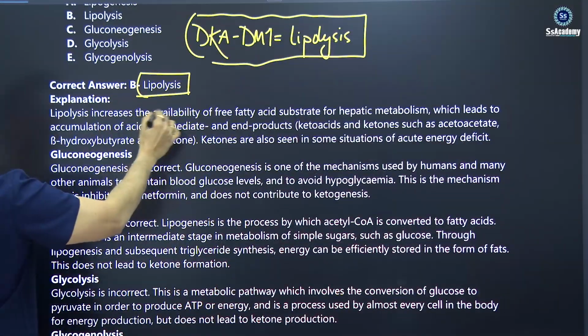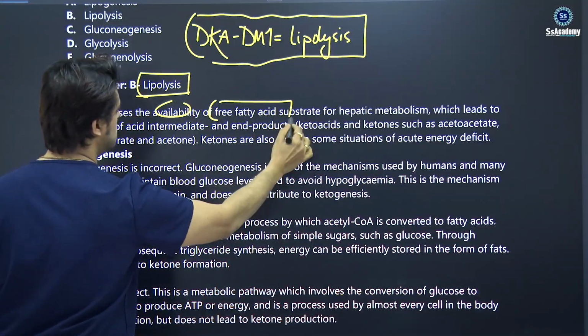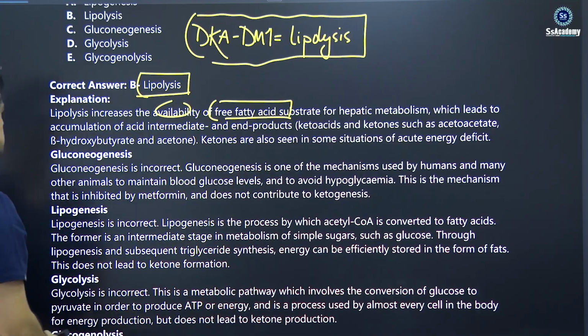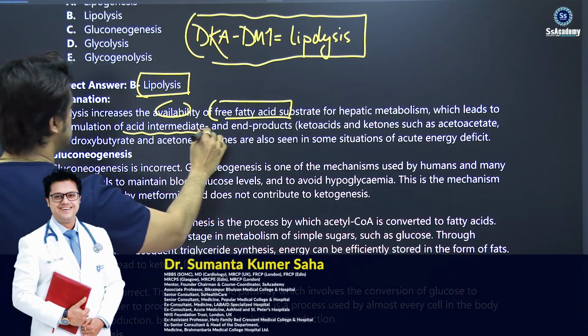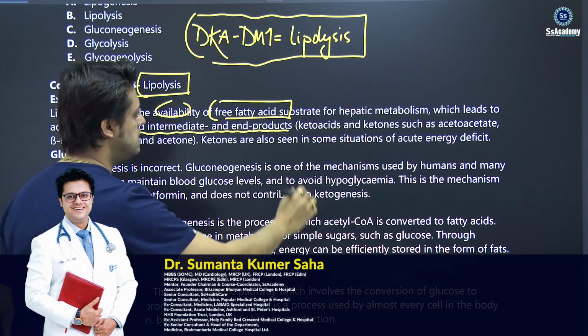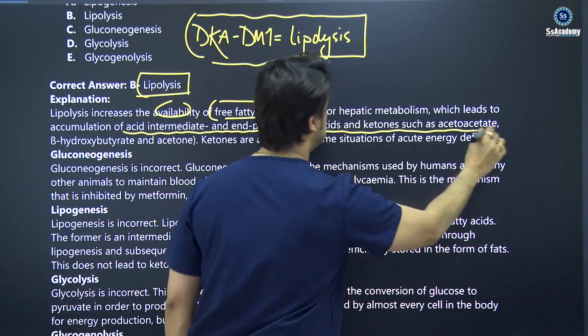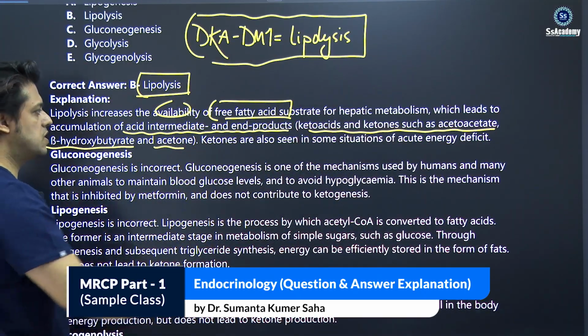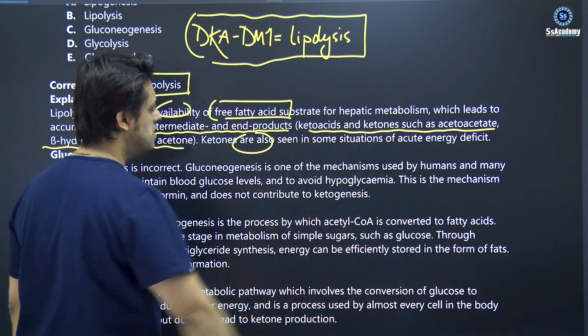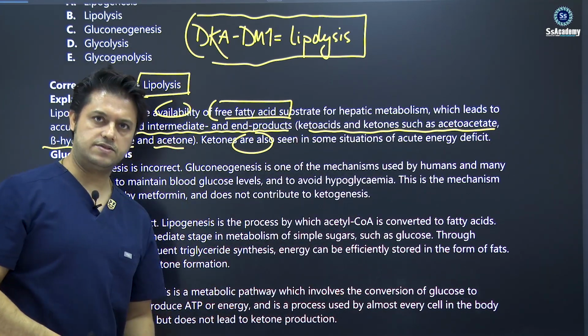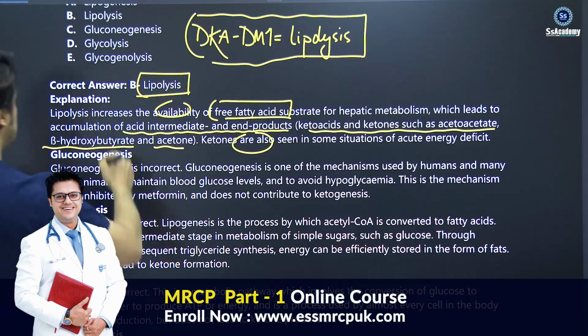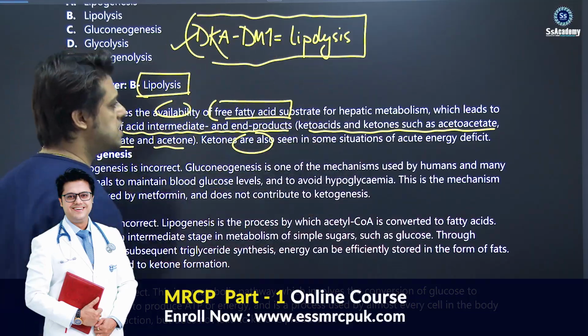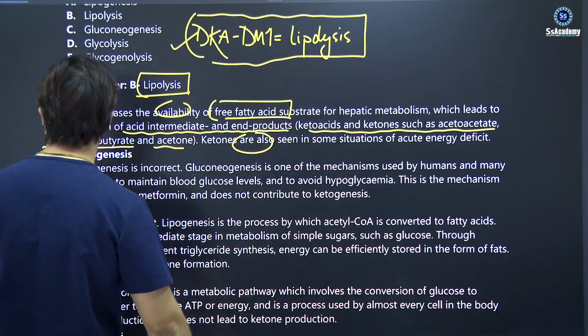Lipolysis increases the availability of free fatty acid substrate for hepatic metabolism, which leads to the accumulation of acid intermediates and end products like ketoacids and ketones, such as acetoacetate, beta-hydroxybutyrate, and acetone. Ketones are also seen in other acute energy deficit states. But here you need to remember DKA in type 1 diabetes equals lipolysis.